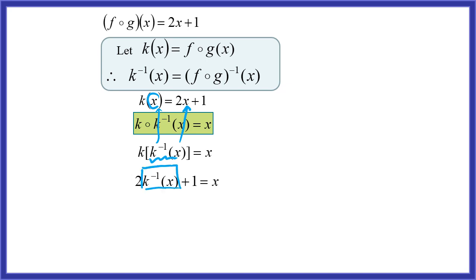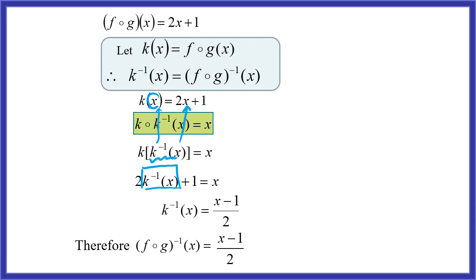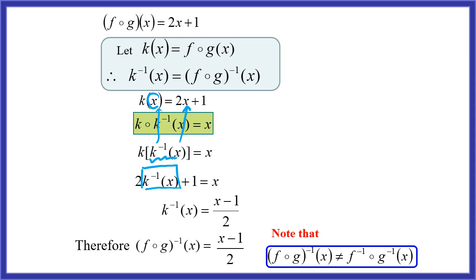What we have is x minus 1 divided by 2. So F of G inverse x is equal to x minus 1 divided by 2. Notice that F of G inverse x is not equivalent to F inverse composite with G inverse. We can check back with question number D. Okay, so this is for the example.